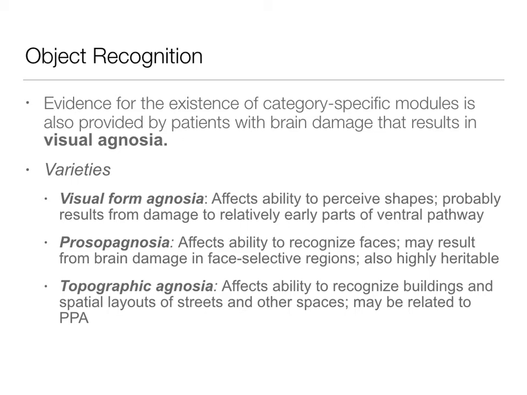Again, this is that idea of dissociation and double dissociation that we talked about earlier in the chapters. So this idea that we have these different modules is not just coming from brain studies where we've looked at activation. It's also coming from disorder studies where we look at damage and see what kind of deficits occur through both dissociation and double dissociation.